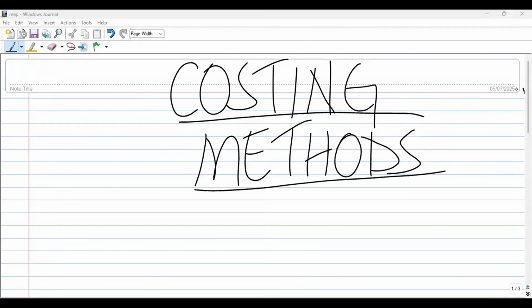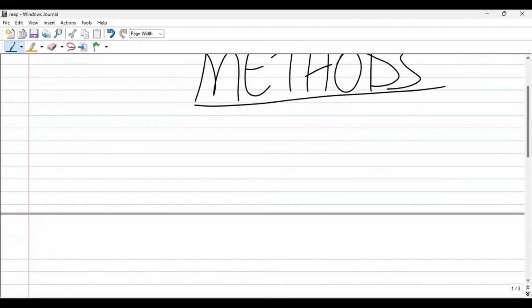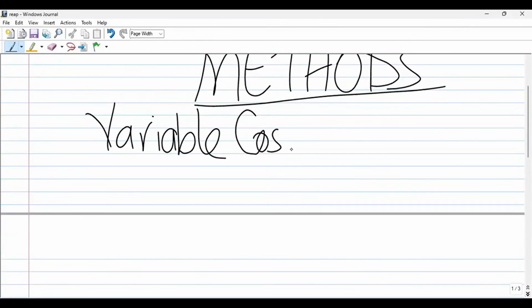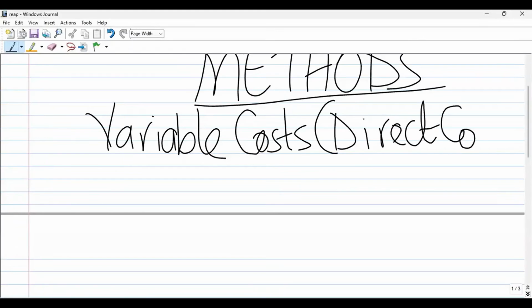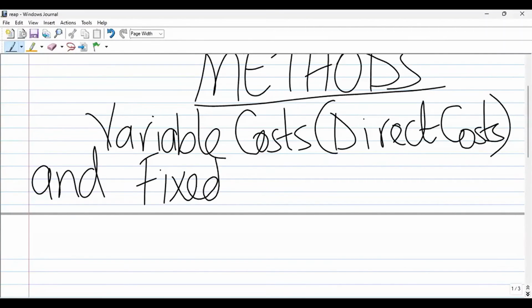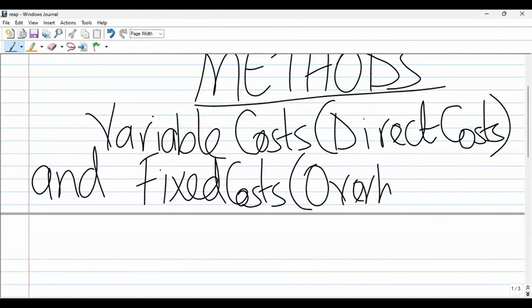And then write that total costs comprise of variable costs, in brackets we write direct costs, and fixed costs, in brackets we write overheads.